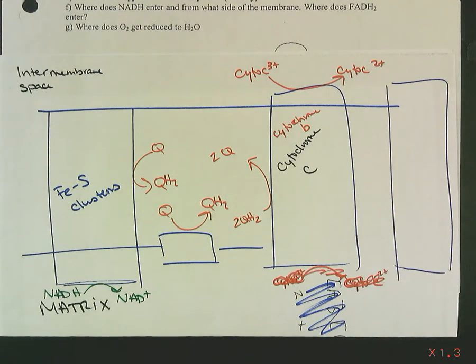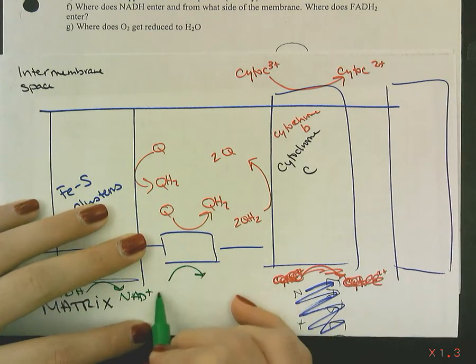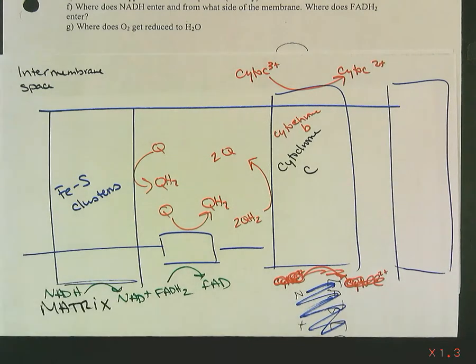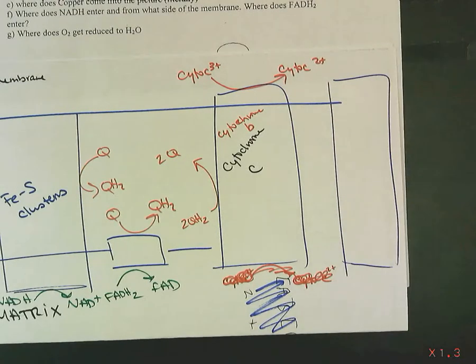Which complex needs FADH2? 2. And where's the FADH2 coming from? Matrix or the inner membrane space? Matrix again. All right, so then finally, we've pretty well covered complex 1, 2, and 3. What do I need complex 4 to do? What's its purpose? To make the water. Yep.